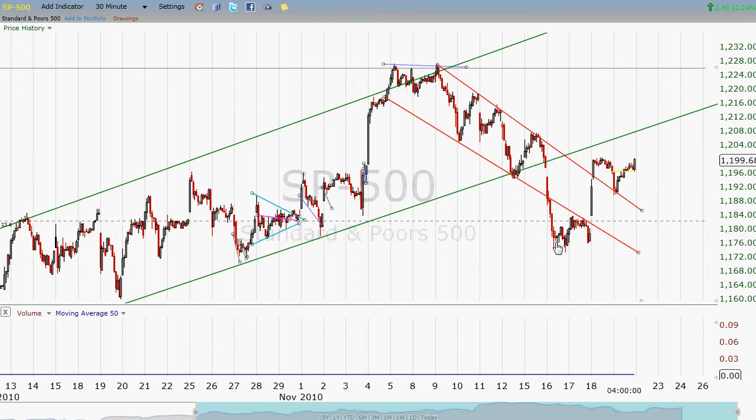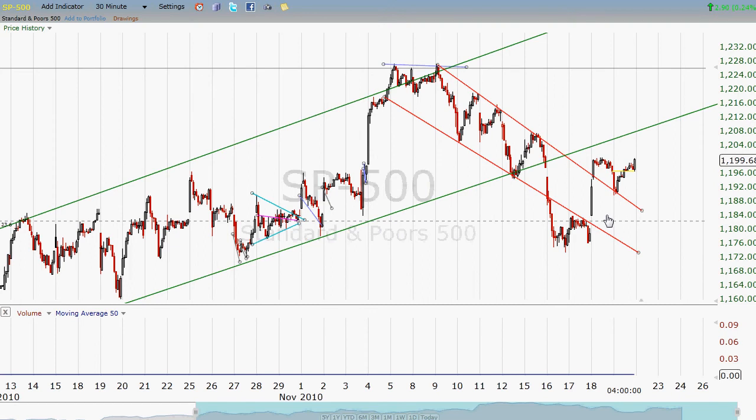Then it broke down out of this. And the reverse is true. When prices break to the downside out of a descending channel, they don't have that much trouble getting back up into that pattern. And that's what happened. So the past couple of days, we've had nice, strong action out of the markets.